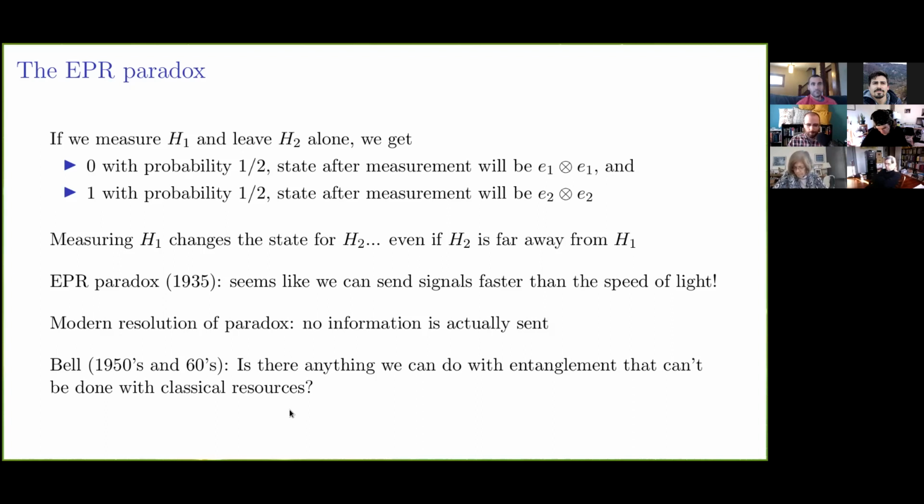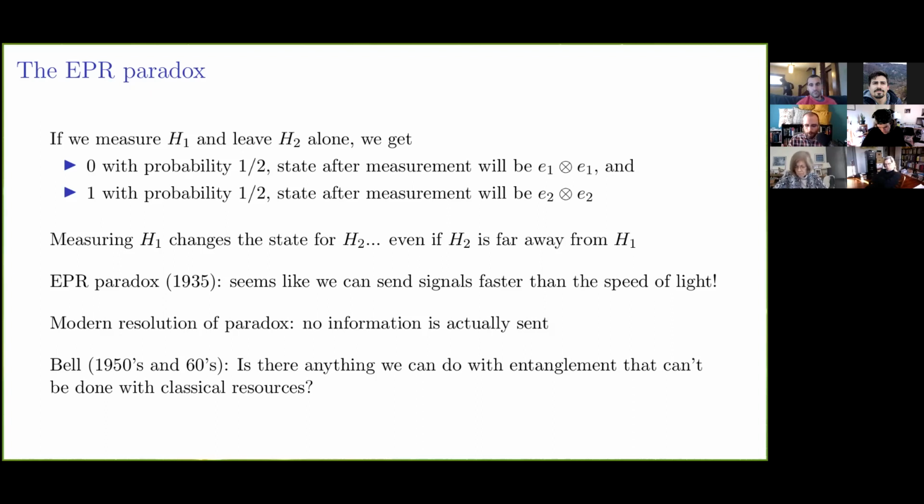At the time, the language that they were couching it in was more along the lines of what is real and what is allowable in a physical theory to describe the physical world. But now we understand it in this way, that we're asking about what you can do with different resources.